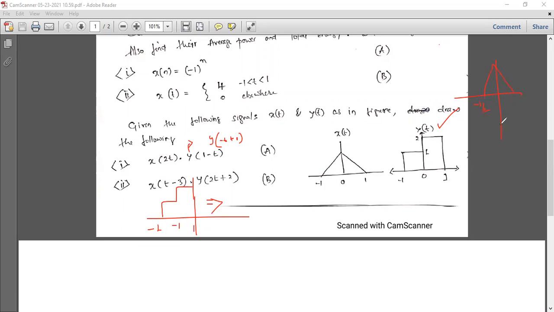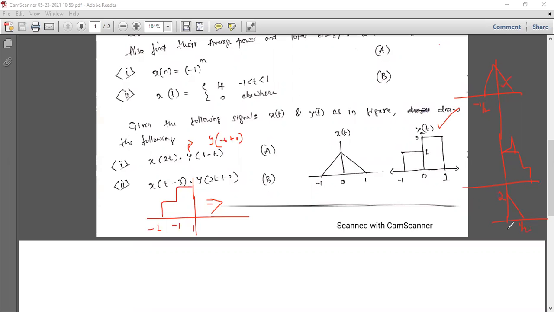The second signal is now going to come to the right side, like this. So the answer of their multiplication is going to be 2 into 1. The height is going to be 2, and 2 into 1, as it is. This signal's amplitude multiplied, and you get a 1/2 here.